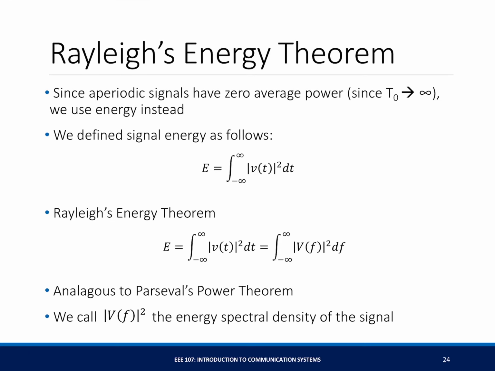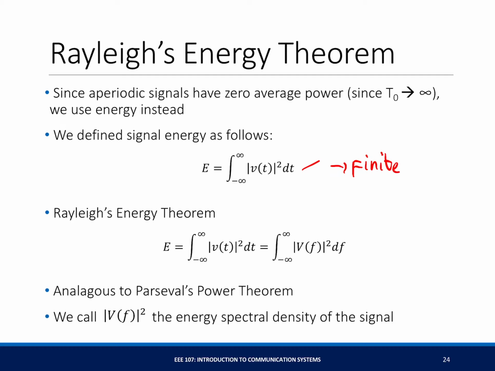Okay. So now let's move on to a semblance of Parseval's power theorem for aperiodic signals, Rayleigh's energy theorem. We define the signal energy as below for a finite duration pulse. Okay, since the pulse has a finite duration, the energy becomes finite.